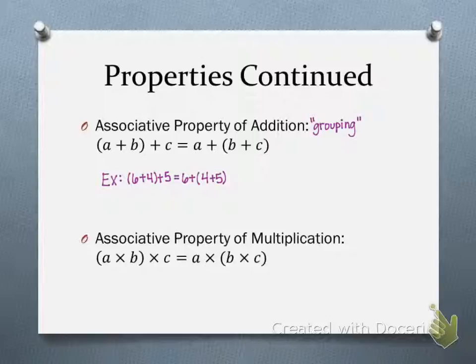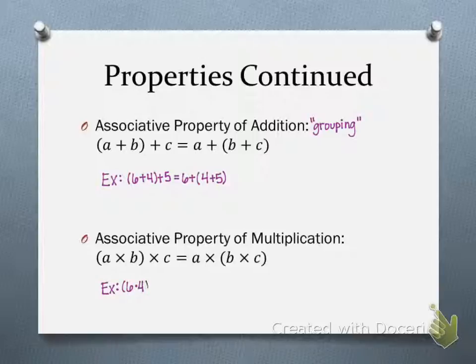We also have the associative property of multiplication. Okay, so just like with addition, we're looking at our grouping. So with multiplication, if we multiply the first two terms and then multiply it by the third term, or we can multiply the second and third term and then multiply that by the first. So let's look at an example.